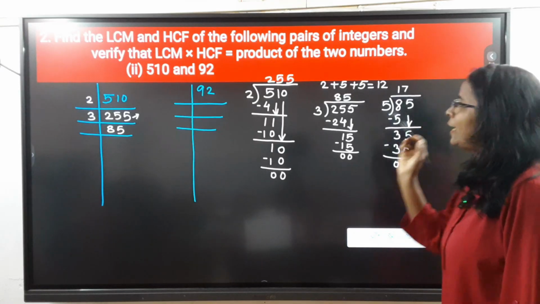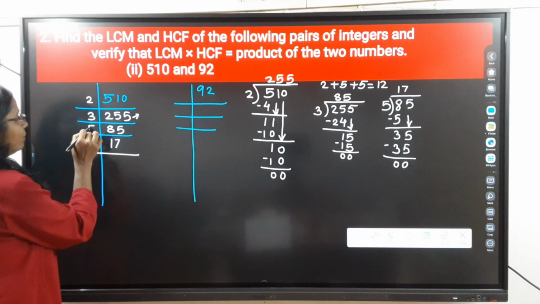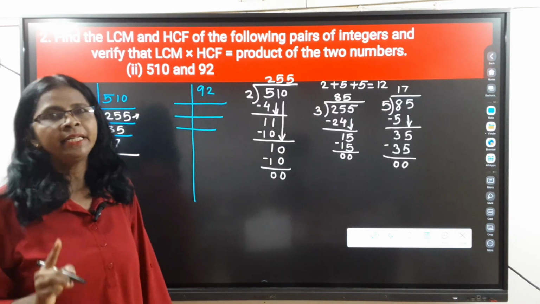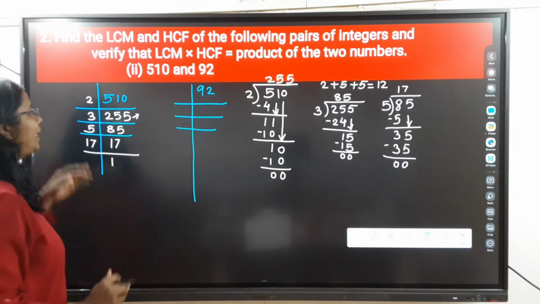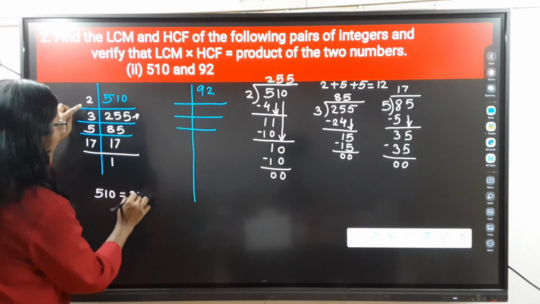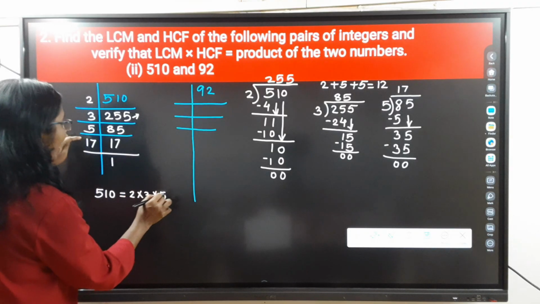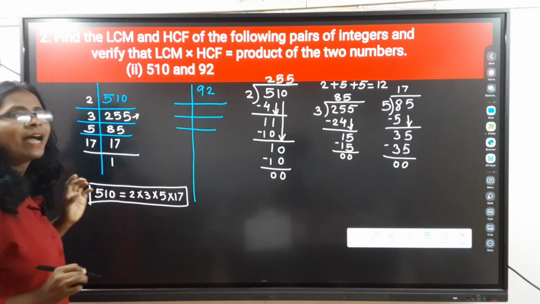Now I write here 17 and here 5. The 17 is a prime number, so 17 ones are 17. And I write the factors of 510: 2 multiply 3 multiply 5 and multiply 17. Students, these are the factors of 510.